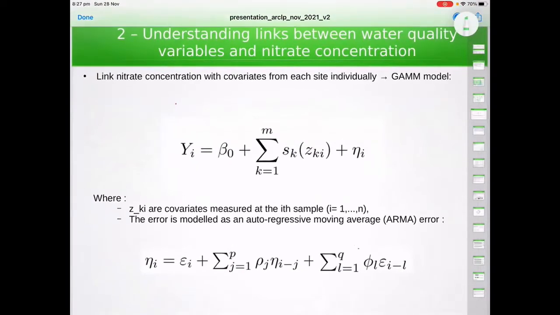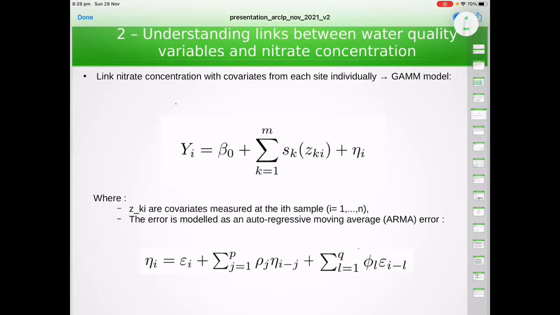So our model, to explore this relation and capture possible nonlinear relations between these variables and the nitrate concentration, is a GAM, a generalized additive mixed model.